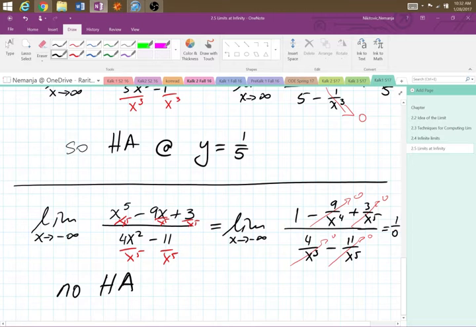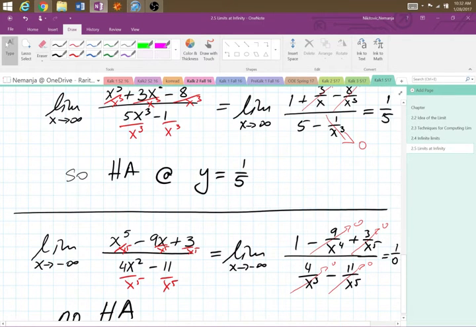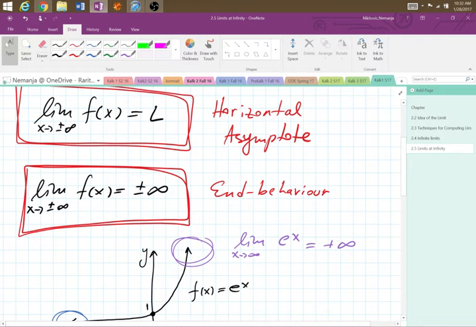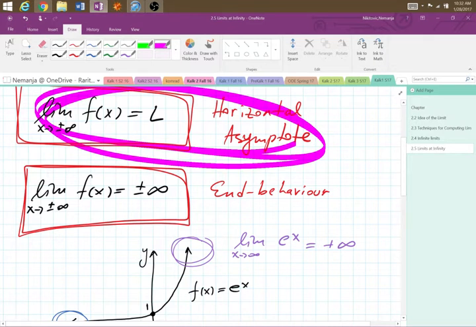The definition for the horizontal asymptote clearly states that the horizontal asymptote occurs when the limit is equal to a finite value. That's the part where I said you have to learn before you do homework.